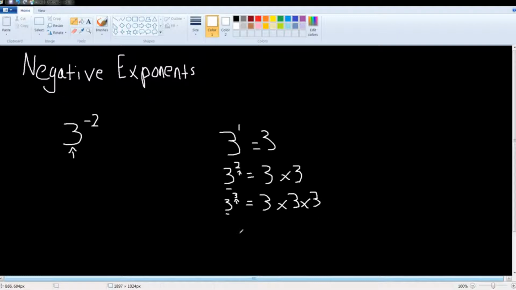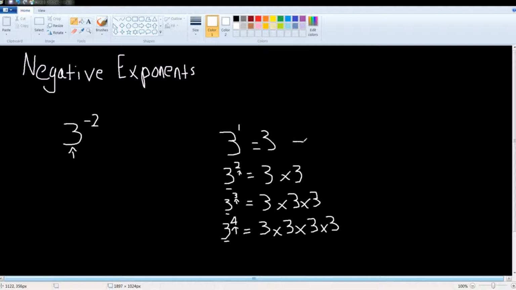One more. If we keep on going further, we'll get 3 to the fourth. Once again, the exponent is 4 and the base is still 3. That means 3 is multiplied by itself 4 times, so we'll have 3 times 3 times 3 times 3.